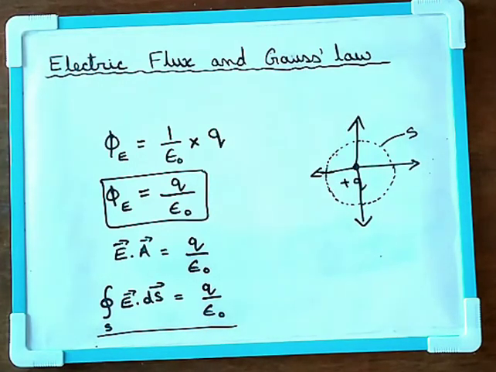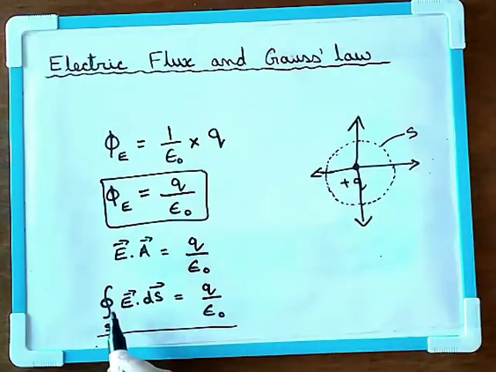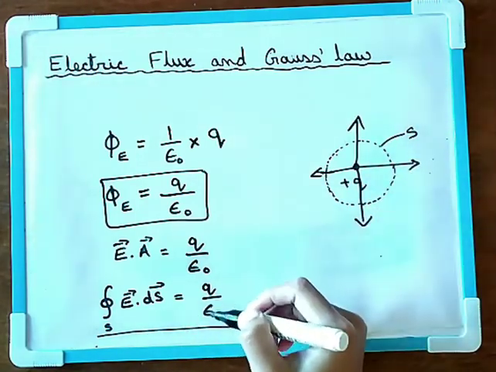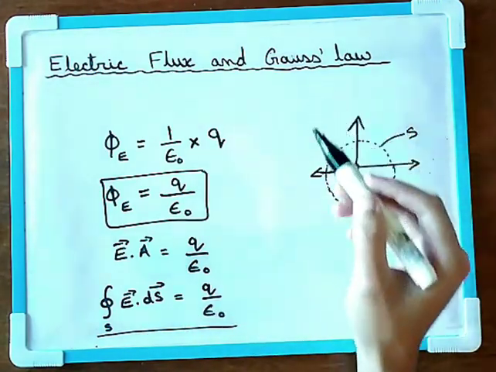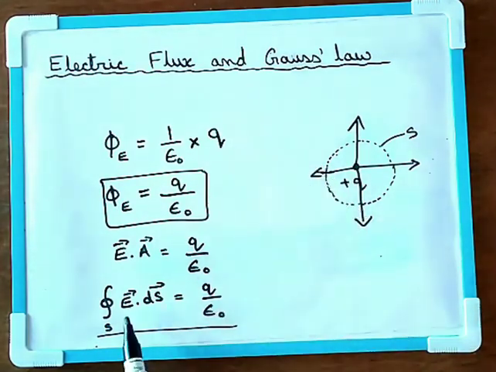If you want to find the electric flux through this closed surface, you can use Q by epsilon naught, by Gauss law. The integration over the surface of E dot dS is by definition. Both of these are equal.